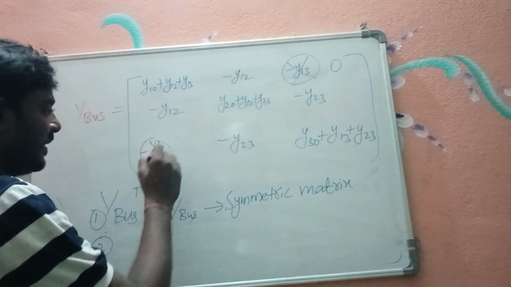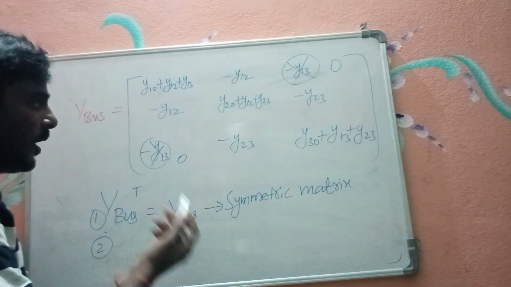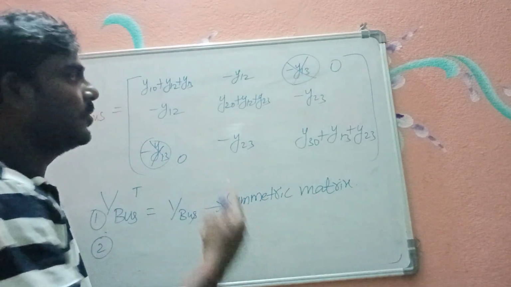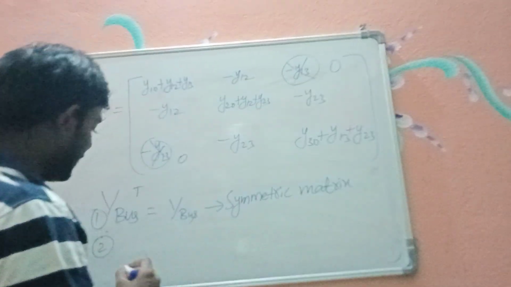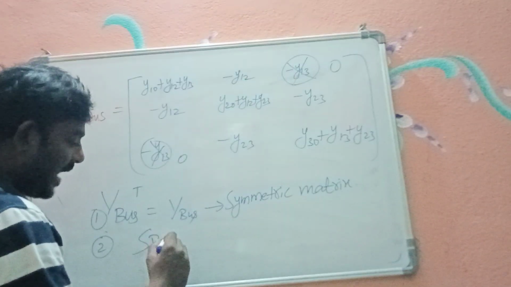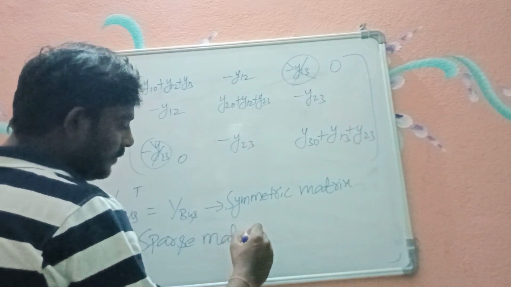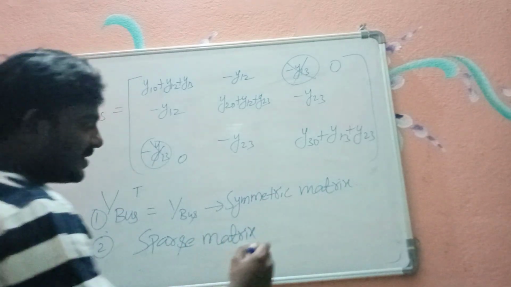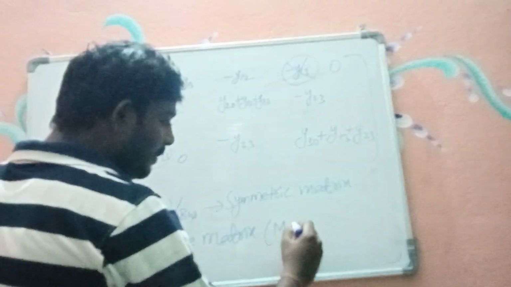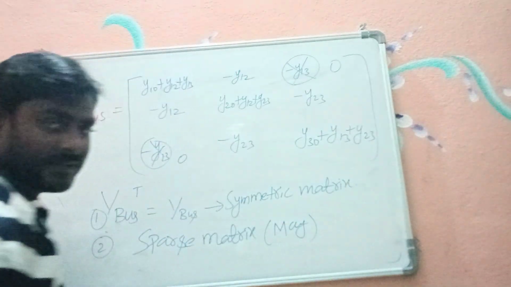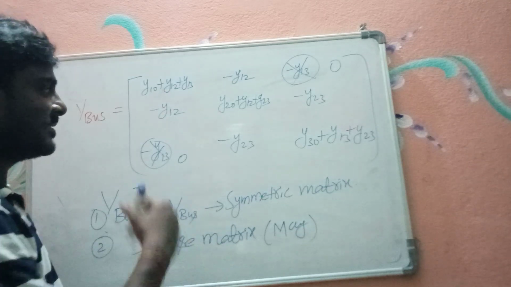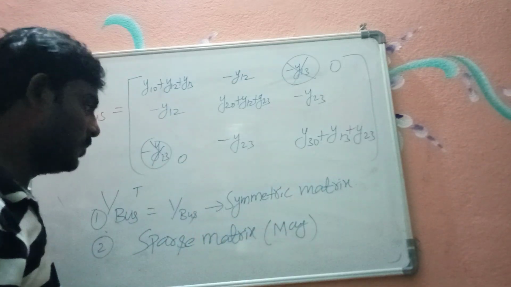Similarly, you will have this element as 0. When you have at least one element as 0 in the matrix, we can call that matrix a sparse matrix. So the Y bus matrix may sometimes be a sparse matrix because it contains some elements as 0.